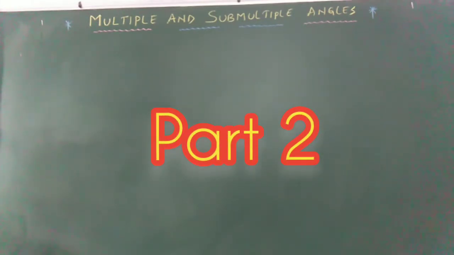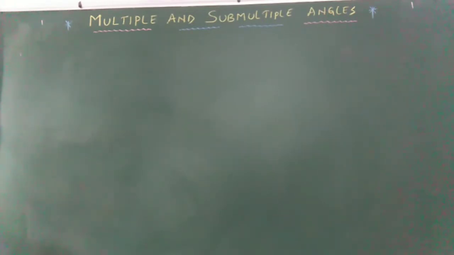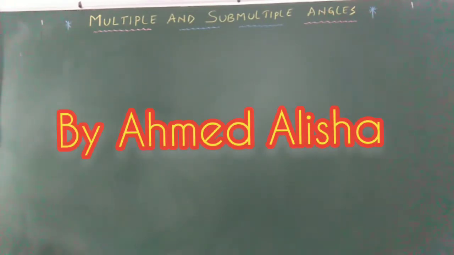In the last video we already discussed the definition of multiple angle and submultiple angle, isn't it? And also we derived the formulas of sin 2a, cos 2a and tan 2a.